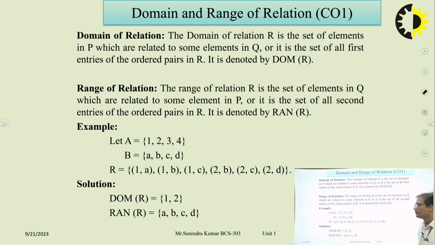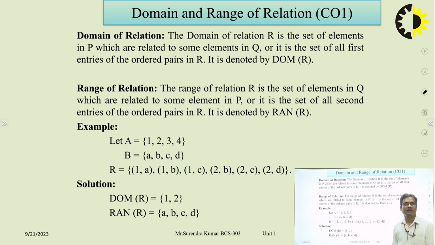Now, a very important topic of relation is to find out its domain and range. The domain means the first elements; the first elements are called the domain of that relation. How can you define it?